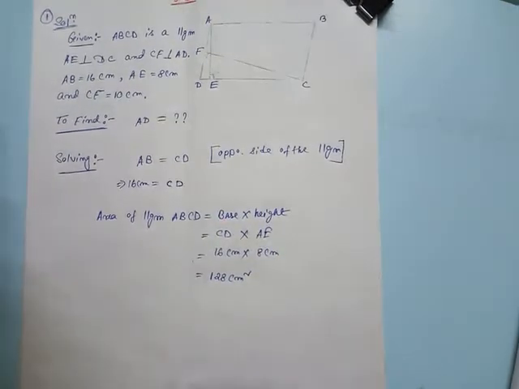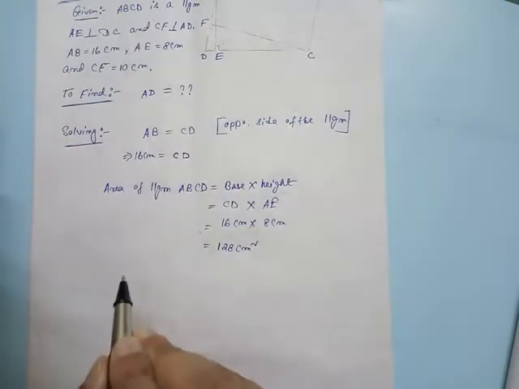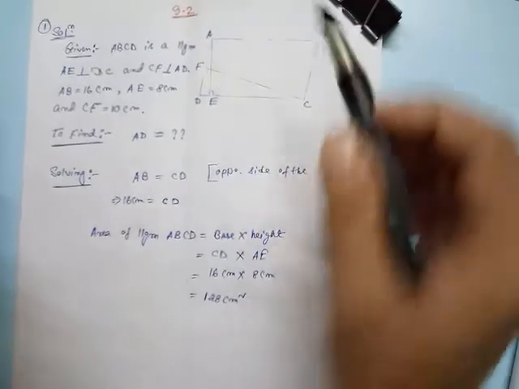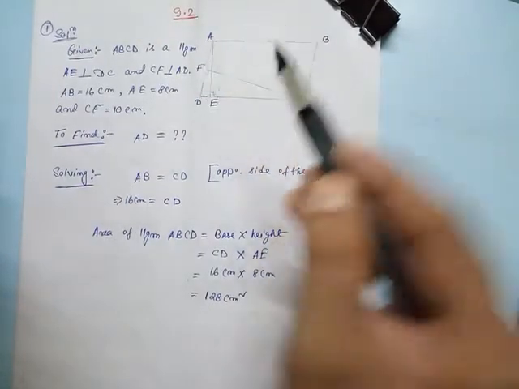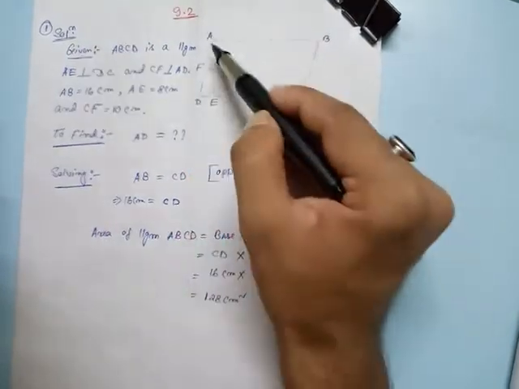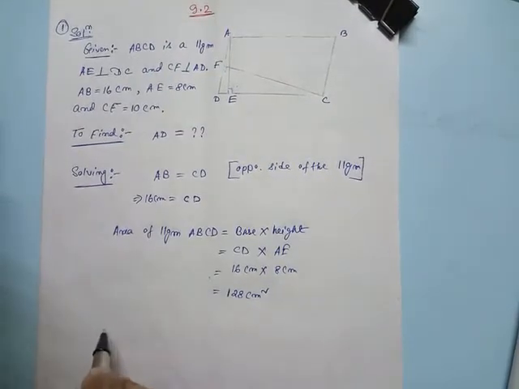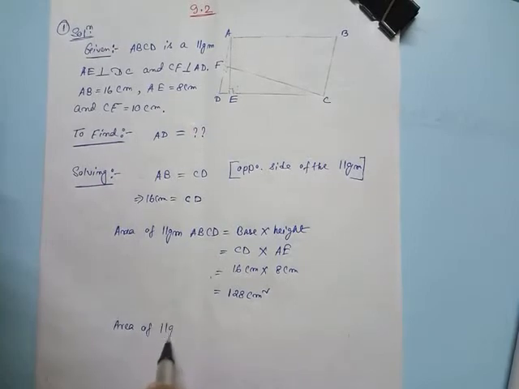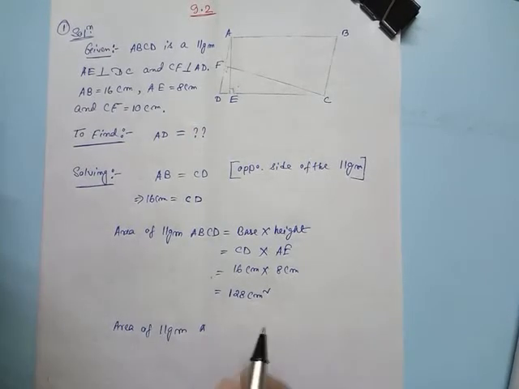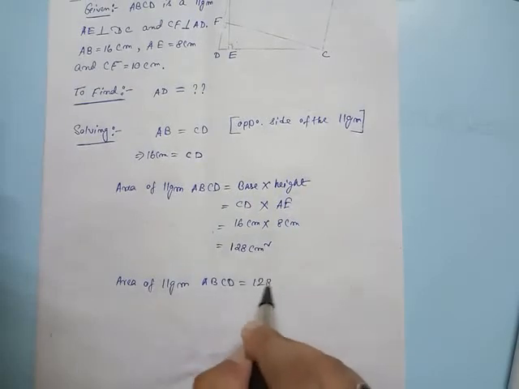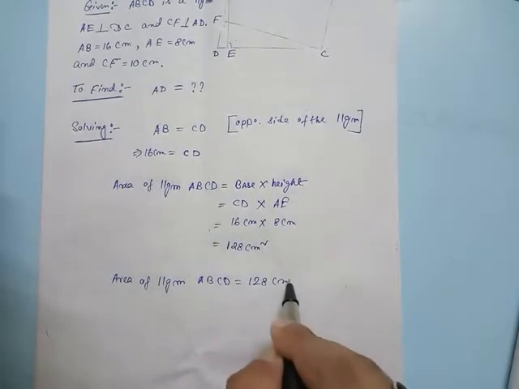Okay. Now student, the next part is we have to find out the value of AD. So look here in the diagram, CF is the perpendicular on AD. I will write here now, area of parallelogram ABCD equal to 128 cm square.